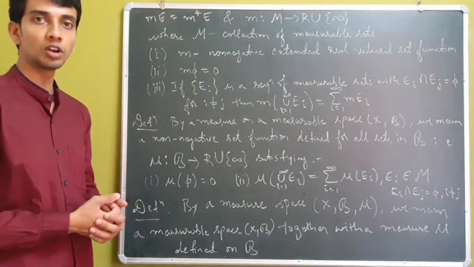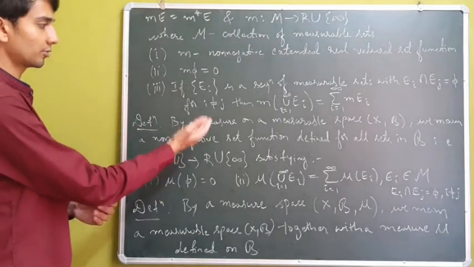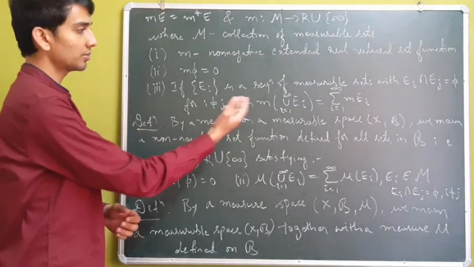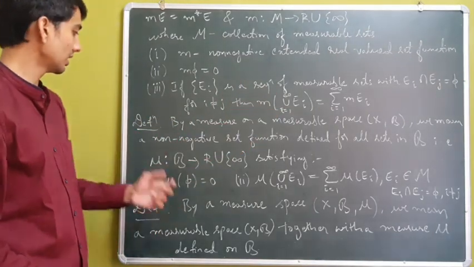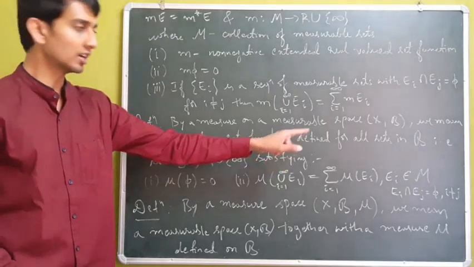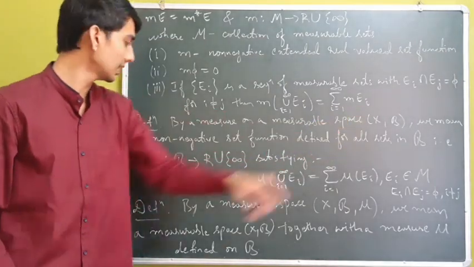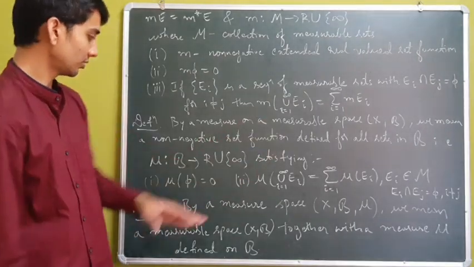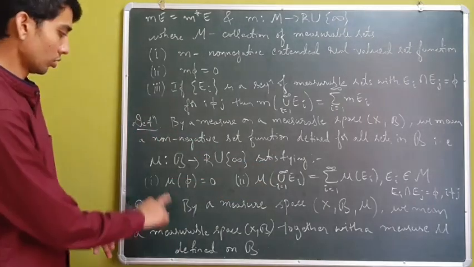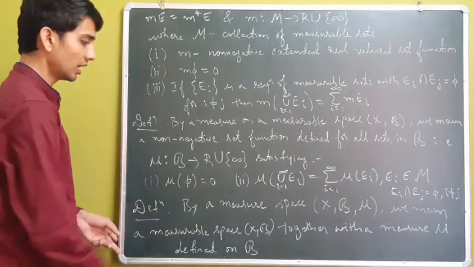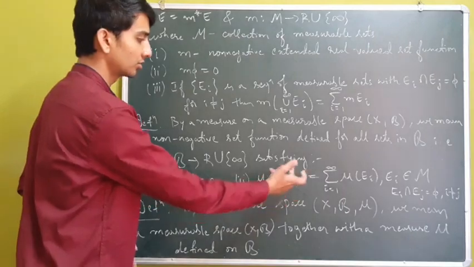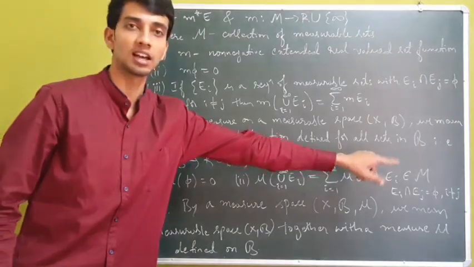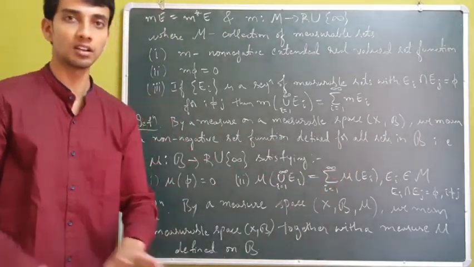So just try to recall it. Then we have the definition of a measure on a measurable space. By a measure on a measurable space (X, B), we mean a non-negative set function defined for all sets in B. That is, mu is a mapping from B to [0, infinity] satisfying these two properties: mu of the empty set should be 0, and mu of the union of the E_i is the same as the summation of mu of the E_i, where each E_i is measurable and the E_i are disjoint.